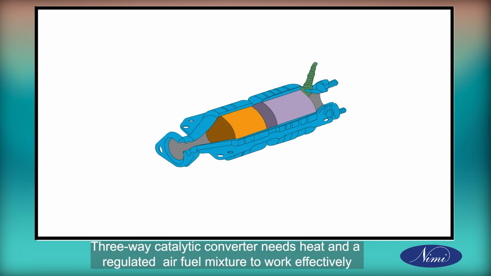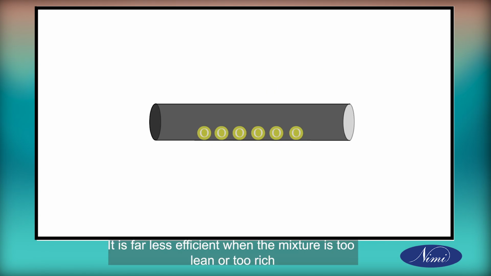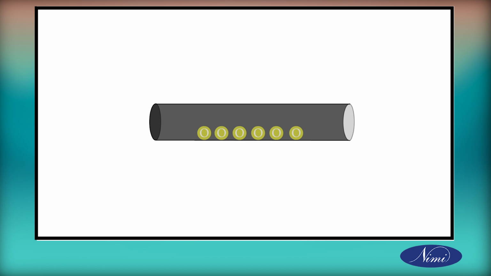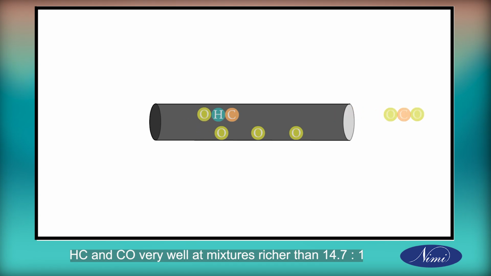A three-way catalytic converter needs heat and a regulated air-fuel mixture to work effectively. It is far less efficient when the mixture is too lean or too rich. The oxidizing part of the catalyst does not remove HC and CO very well at mixtures richer than 14.7:1.